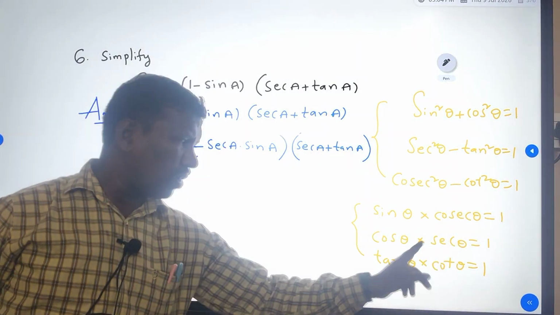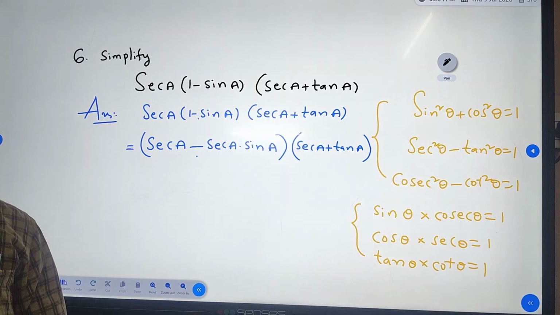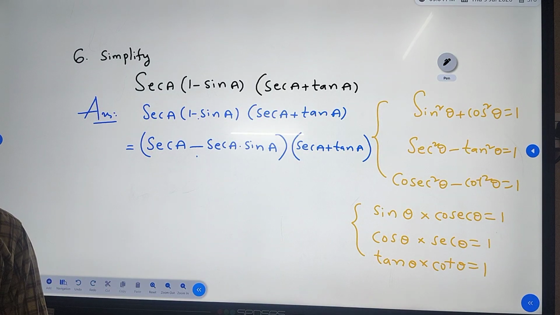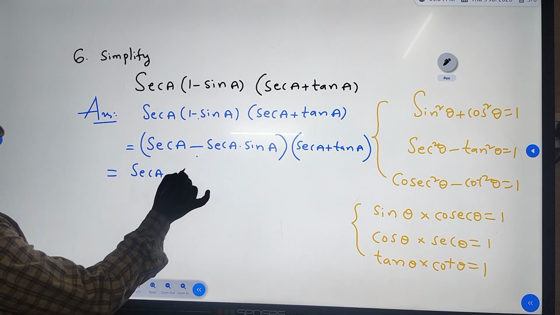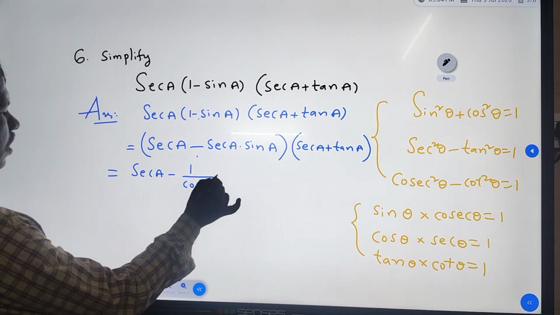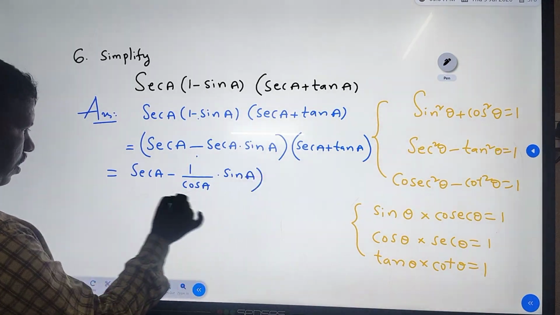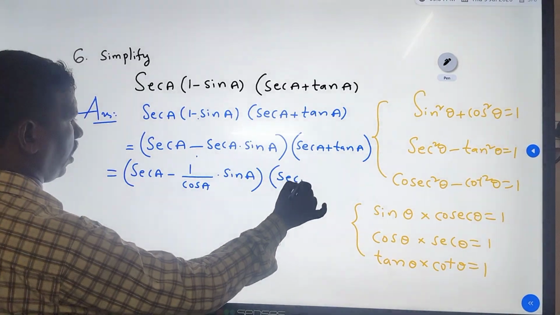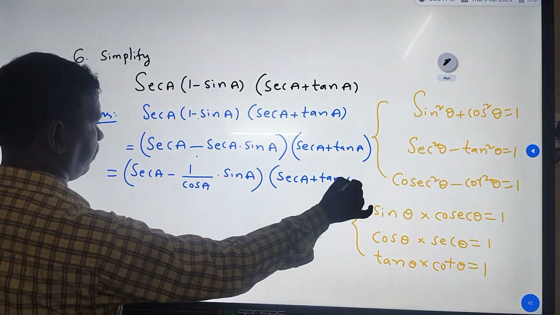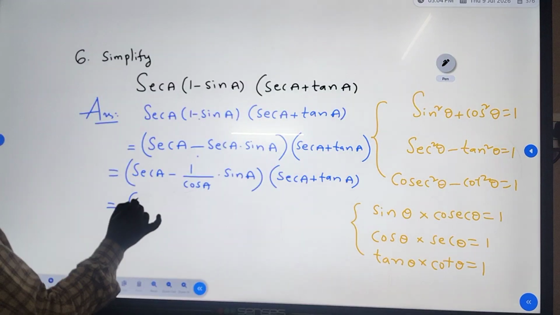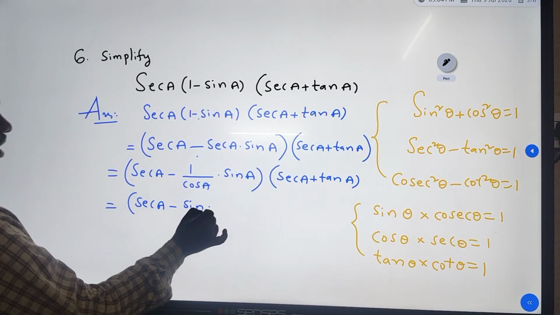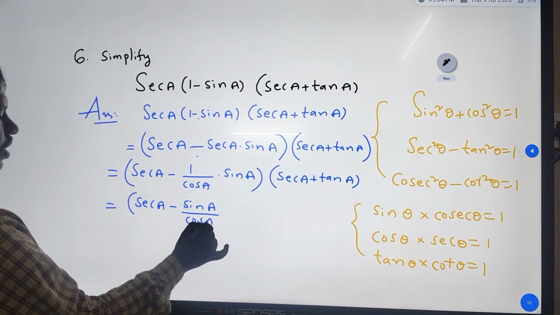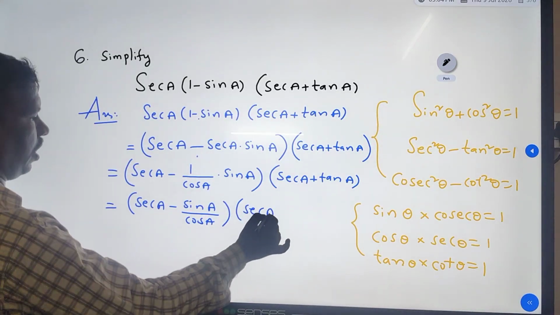So sec A equal to 1 by cos A. So write sec A minus 1 by cos A into sin A into sec A plus tan A. Write sec A as it is again, minus 1 into sin A divided by cos A, into sec A plus tan A.